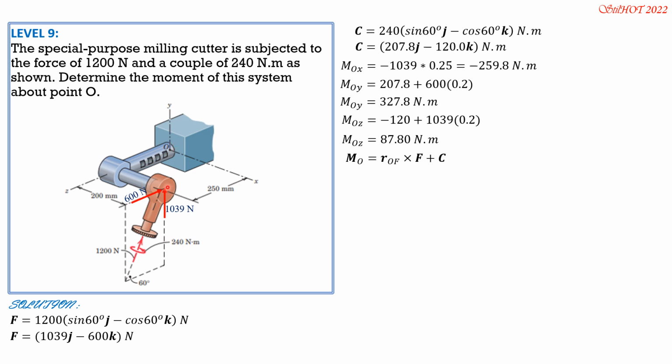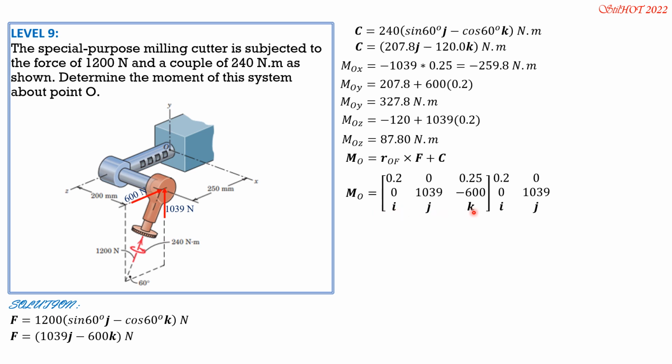This position vector is going to the x-axis 0.2i, then forward along the z-axis 0.25k. So ROF is 0.2i plus 0.25k, no y-axis, no movement along y. So this is in matrix form 0.2, 0, 0.25. Components of force, 0 along x, 1039 along y, negative 600 along z.